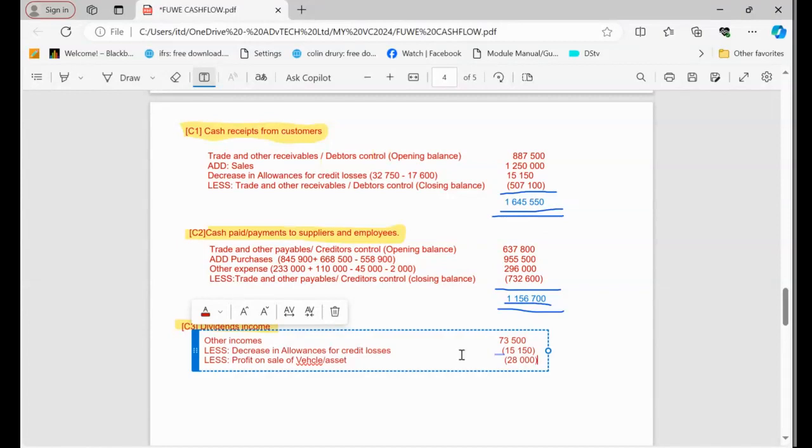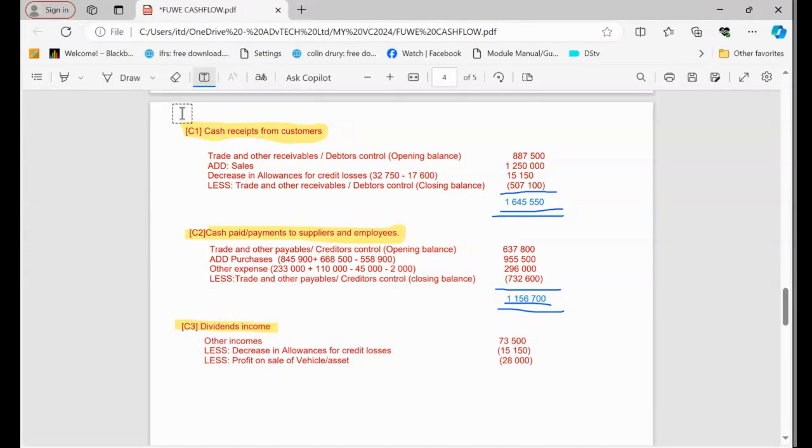Because our main aim is just to know how much was the dividend income. That's the only reason why we're having this calculation, because they said it is part of the other income, but other income consists of three things. We have to remove two things. These are what we just removed, okay? We have to remove these two.